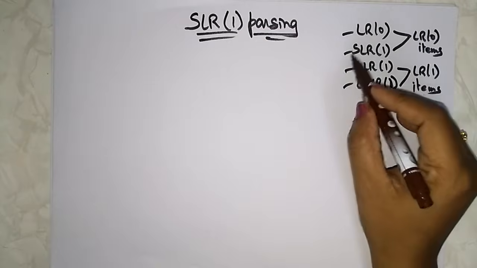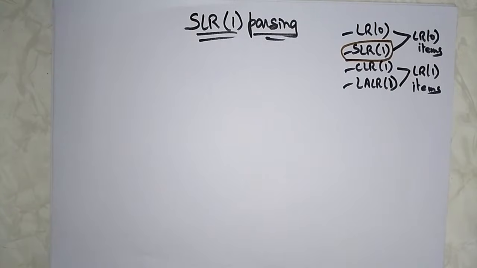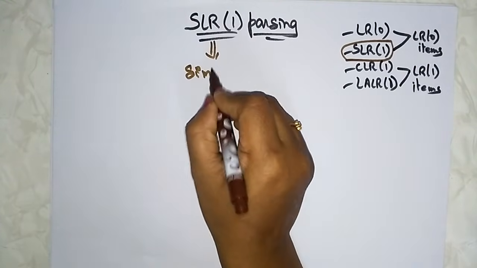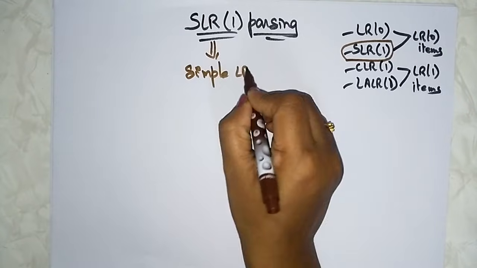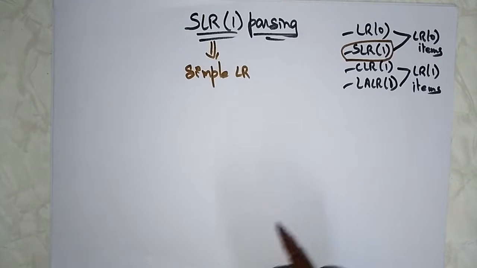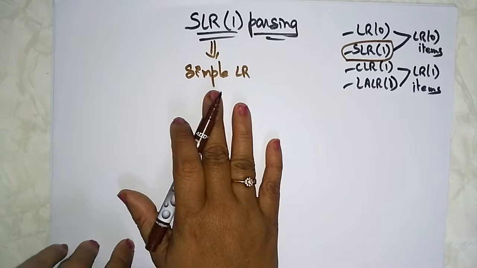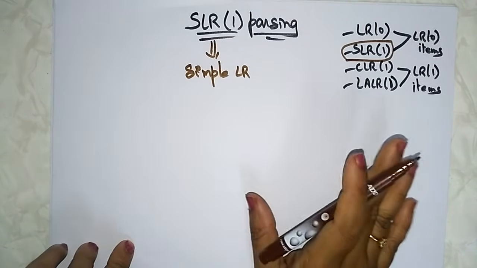Now let's see what SLR(1) is. SLR is nothing but simple LR. The name itself says that it is a simple LR, which means constructing the SLR parsing table is easy.